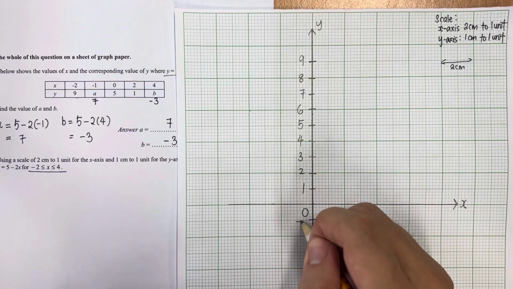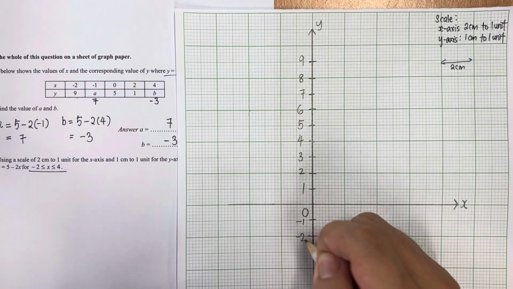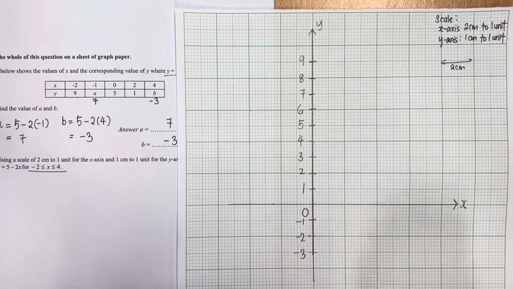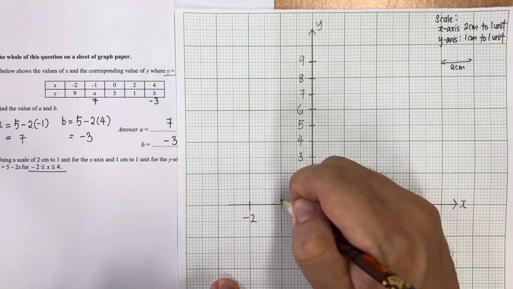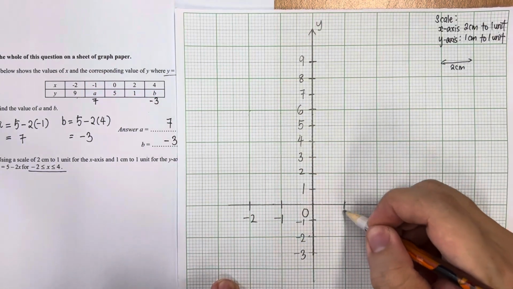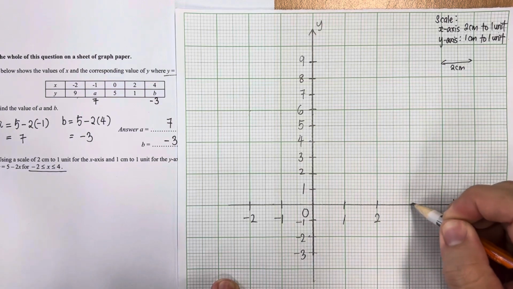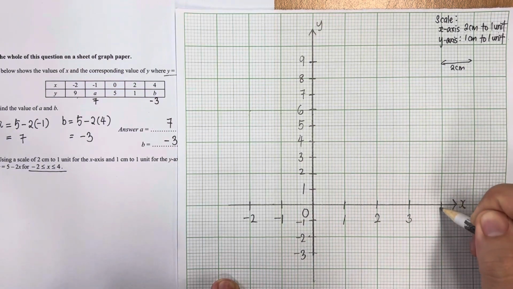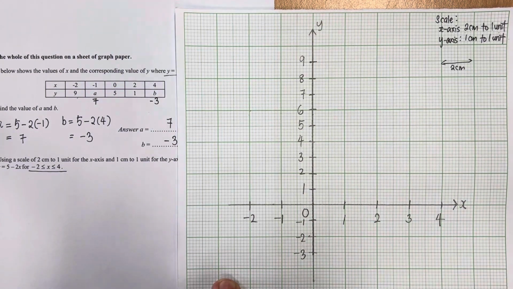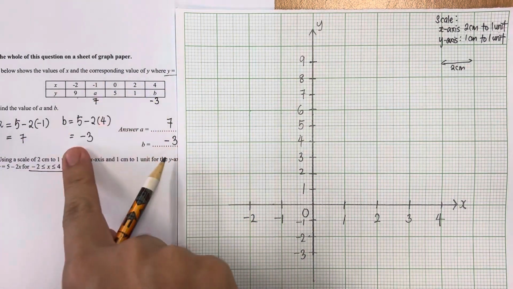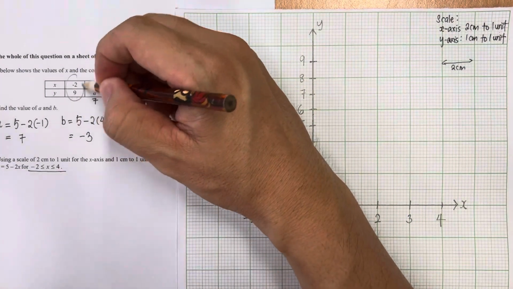It will be my negative 1, negative 2, and negative 3. Continue the marking for our x-axis.